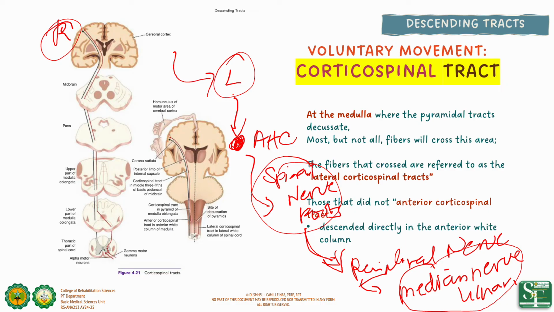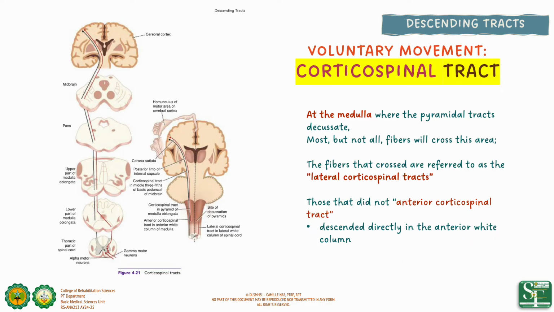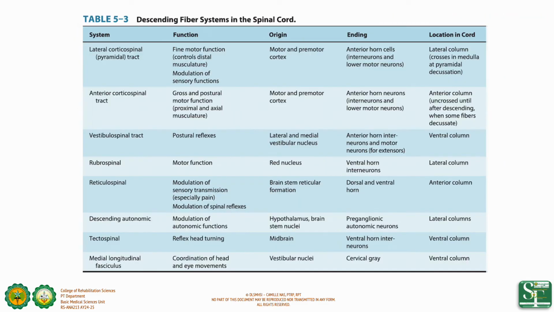Kunyari, gusto kong hawakan yung baso. Okay? Ayan. Please, wag lang kakalimutan what level nagde-decussate si corticospinal tract, and that's again at the medulla. So here's another table. This is again from Waxman.